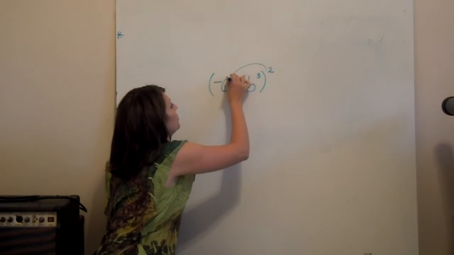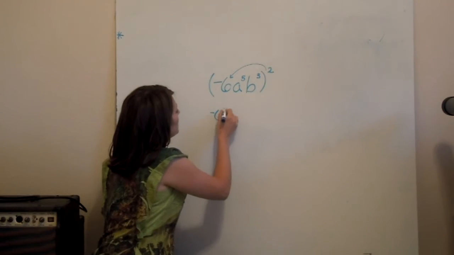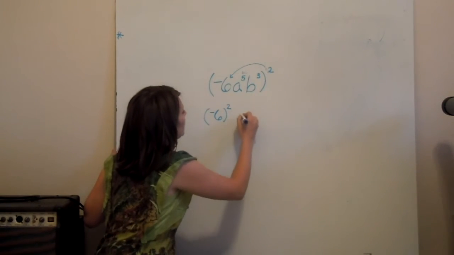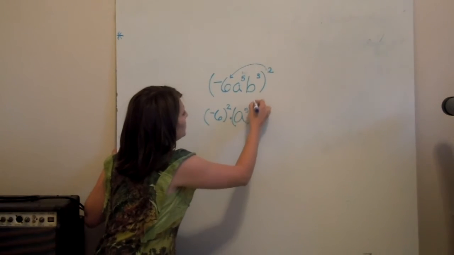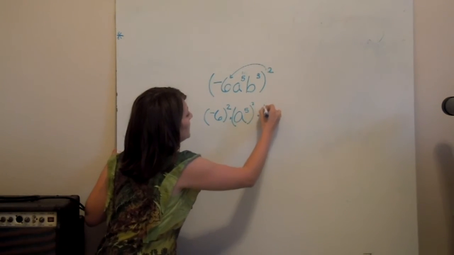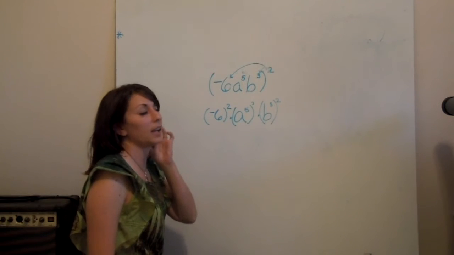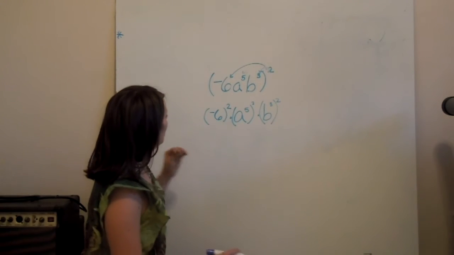So I'm going to distribute: negative 6 squared times a to the 5th power squared times b to the 3rd power squared. So I distribute that 2 to every part inside.